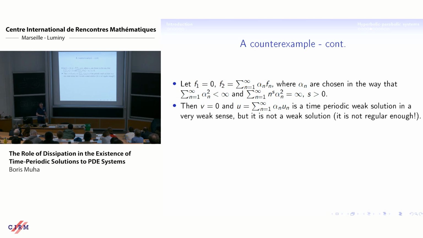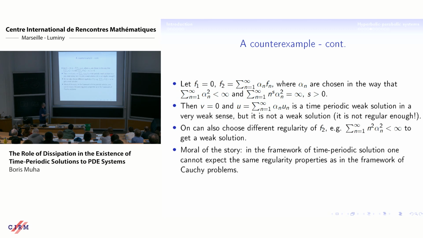Also, we can take some more regular solution, but it is still not a weak solution. For a weak solution, we should take this kind of regularity. So we should take at least H1 for the right-hand side. So you see, we really cannot gain any regularity as in the Cauchy problem. We really lose something.